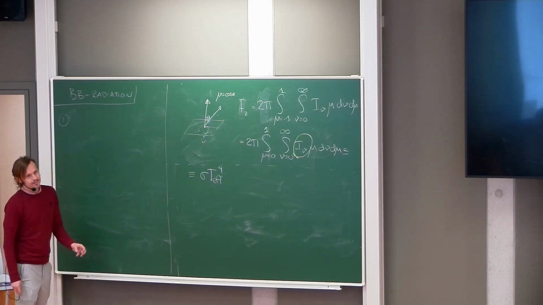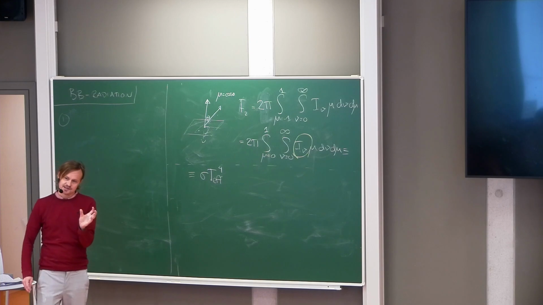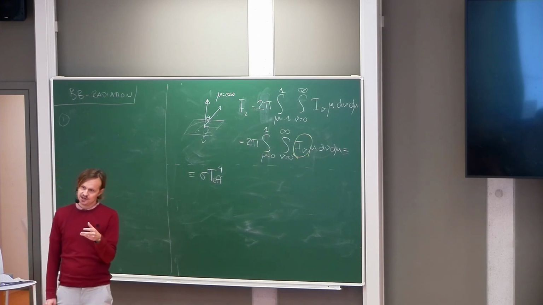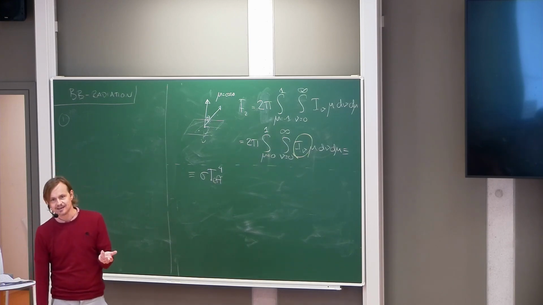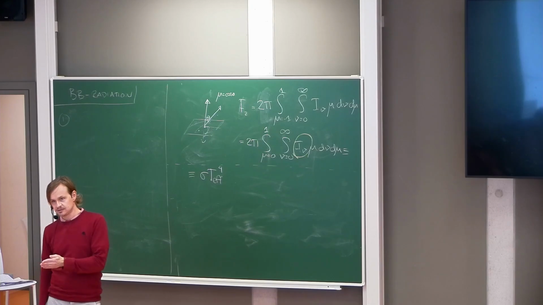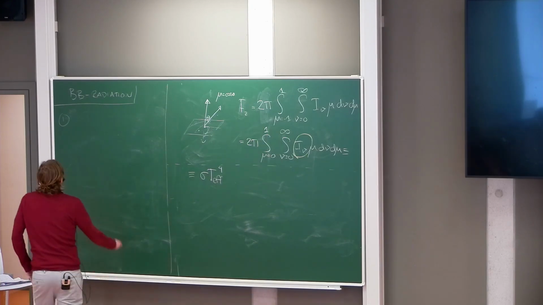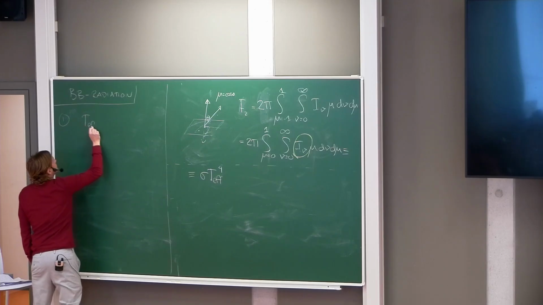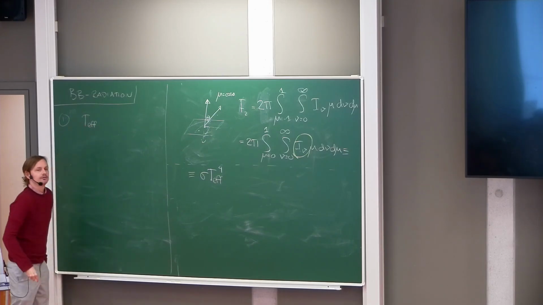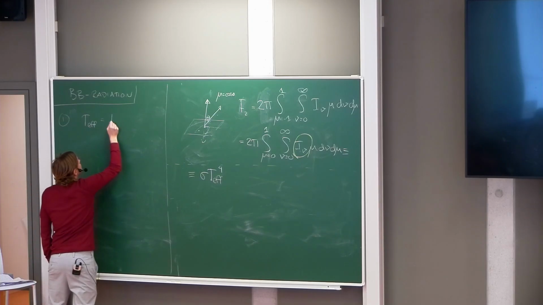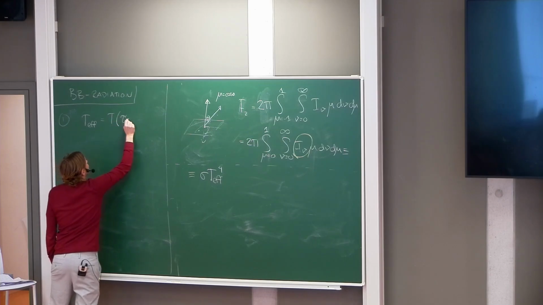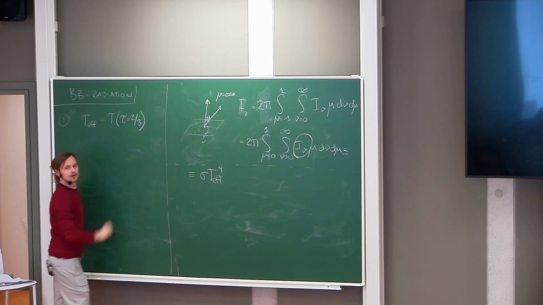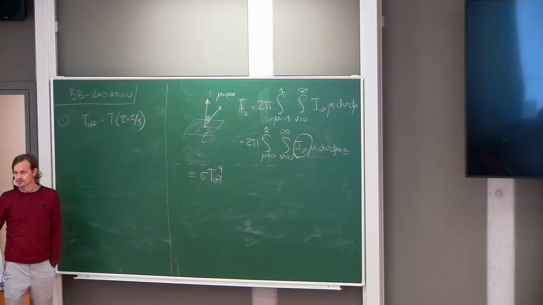But if you set up the simplest model for such a stellar atmosphere that you can, which we will do later on in the chapter, then you will find that the effective temperature, or the flux temperature, of the star actually equals the temperature at an optical depth of 2/3.